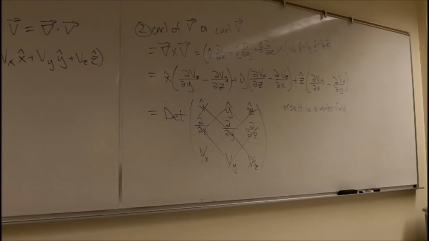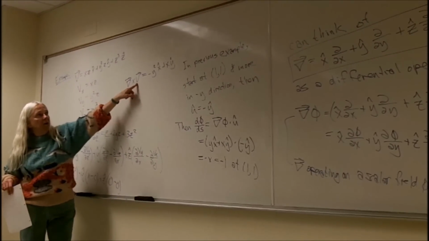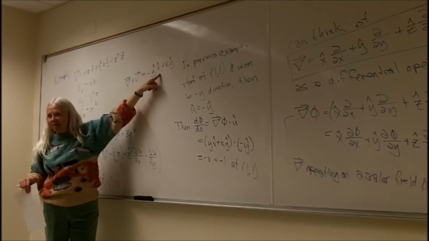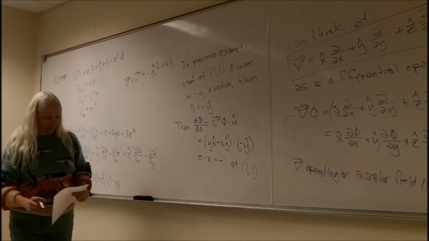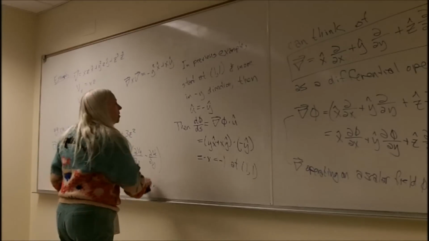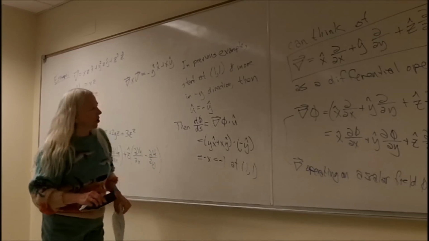Right. Because you can see right here for the divergence, this result is a scalar, not a vector. And you can see the result for our curl is a vector. It's got unit vectors in it. That's the thing that gives it away. Okay, there is one more vector operator I want to show you here.